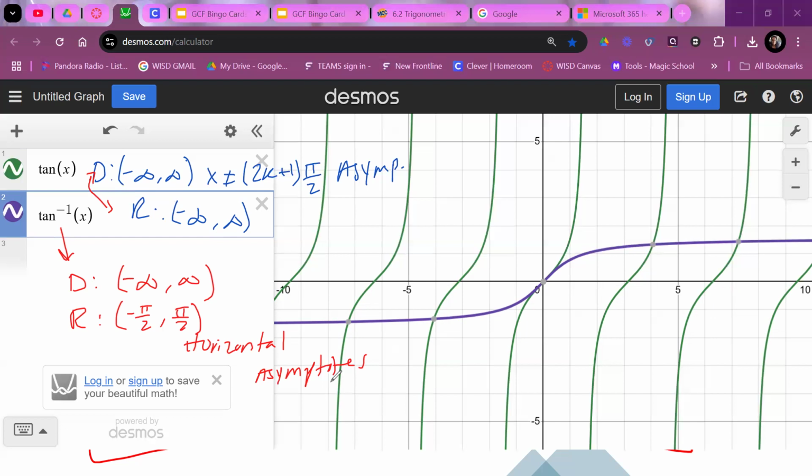Back to the slide for a second. Oh, I can't do both. So if someone's writing this, I can't do. Are we done writing the domain and range? Wait, so we write it here or down? At the bottom. I would write it at the bottom. You have more space at the bottom.